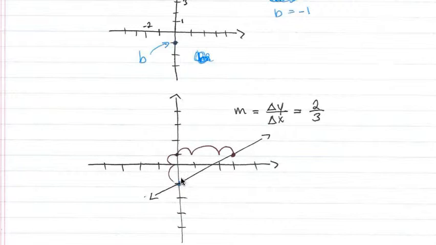Well, if we look here, I'm going to start at our b, the point we graphed in the last step. And then, what's the change in y? Well, it's +2. So I'm going to go up 2 notches. 1, 2, even though my notches aren't very even, but we're going to pretend they are. Now, what's my change in x?